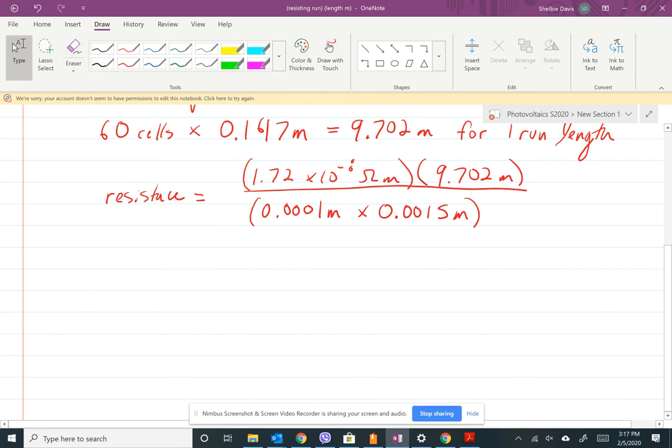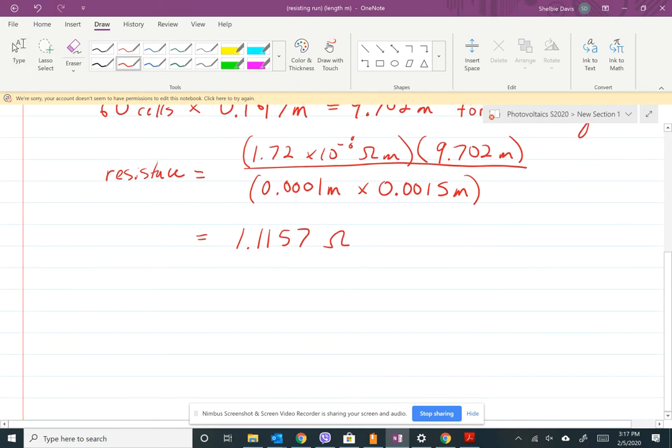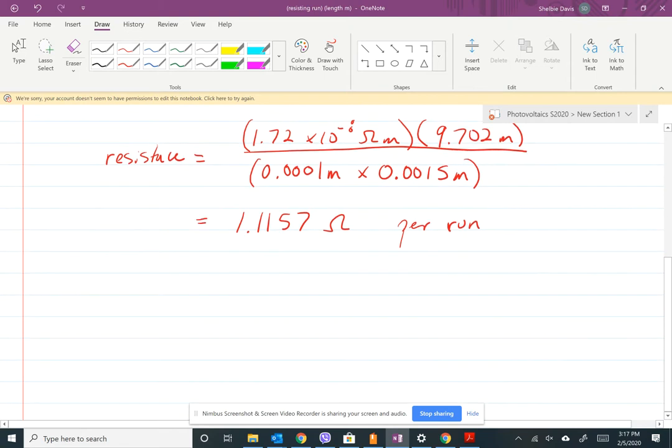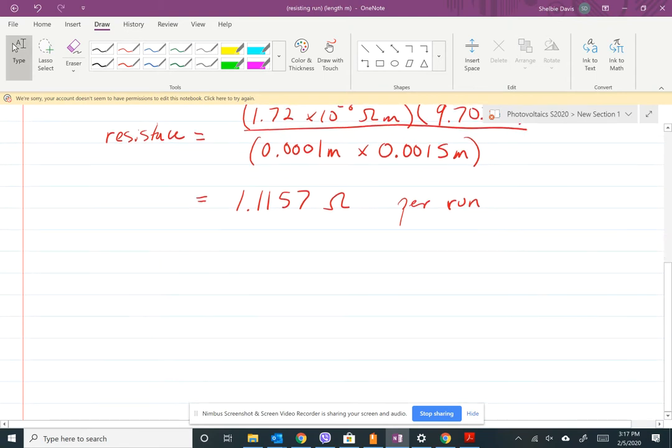So the units will cancel out, and what we'll end up with is about 1.1157 ohms per run. Okay. Cool. And so we'll just say R1. R1 is that. Okay, that's one run.